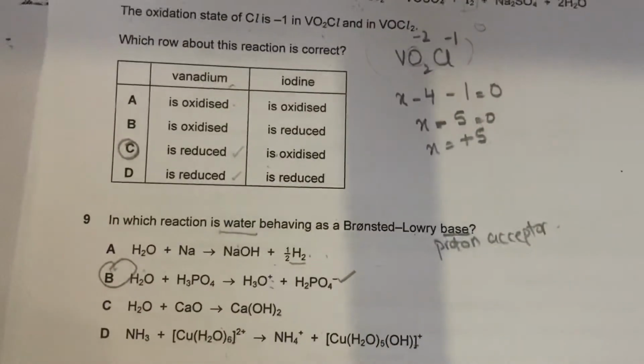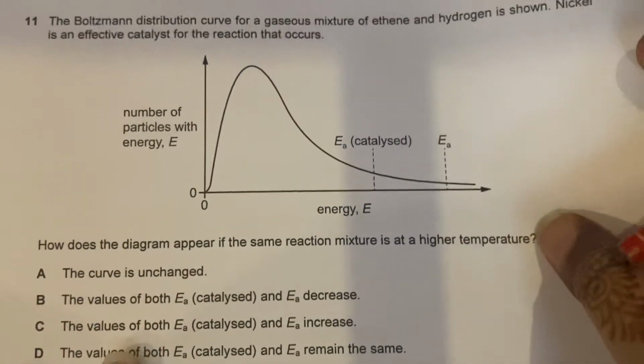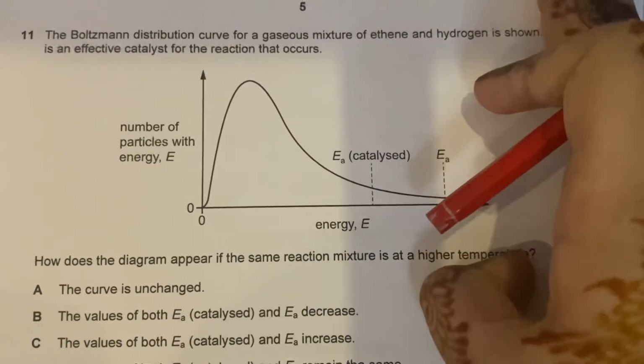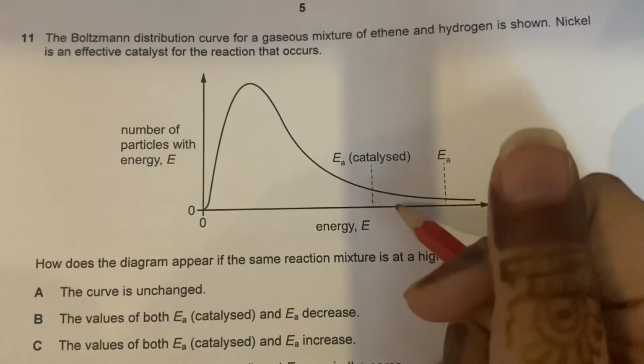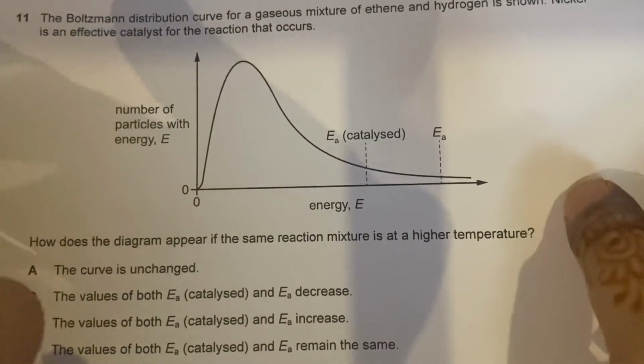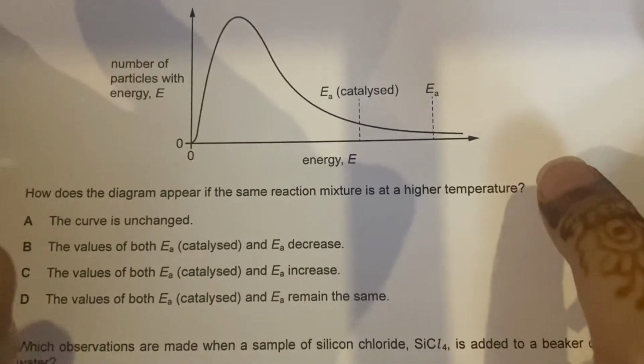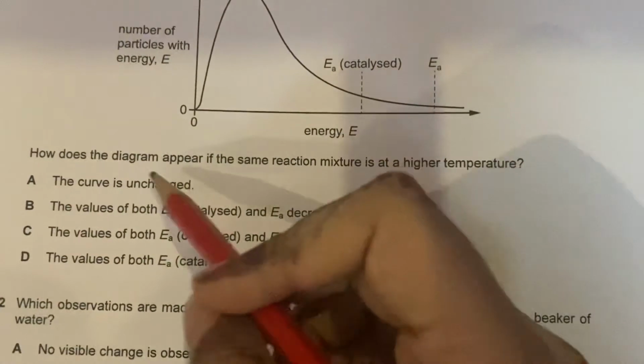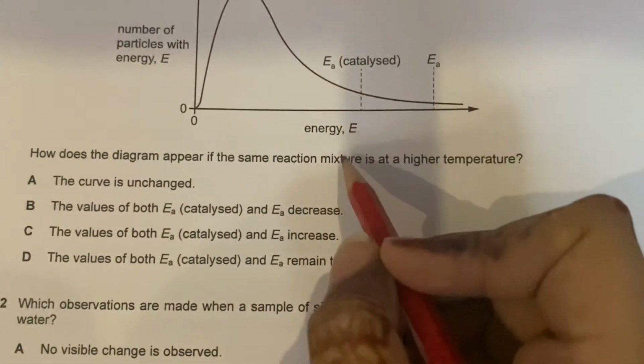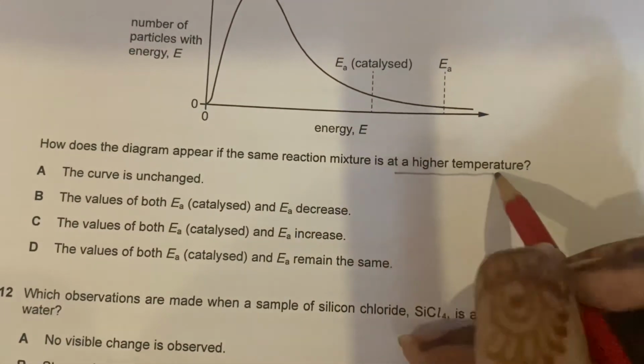नाउ लेट्स मूव ऑन टू क्वेश्चन नंबर 11, which says the Boltzmann distribution over a gaseous mixture of ethene and hydrogen is shown. Nickel is an effective catalyst. All right. How does the diagram appear if the same reaction mixture is at a higher temperature?